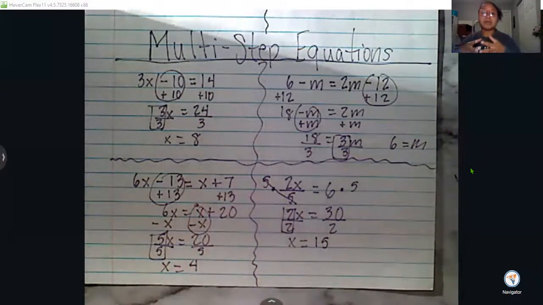You can still combine like terms first and then solve using the same methods. But regardless, this is like the foundation of it all. Just focus on the inverse operations, working with things furthest away and working till you get to the variable and then solving from there. If you have any questions, please ask your teacher, and that is all.